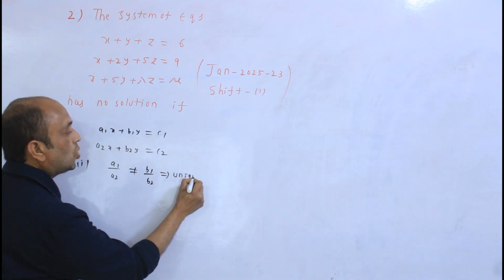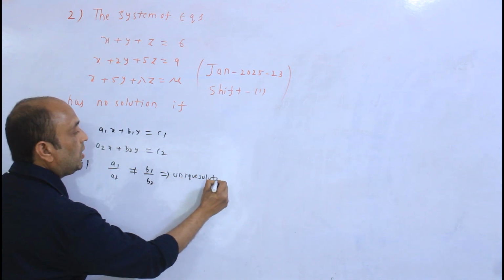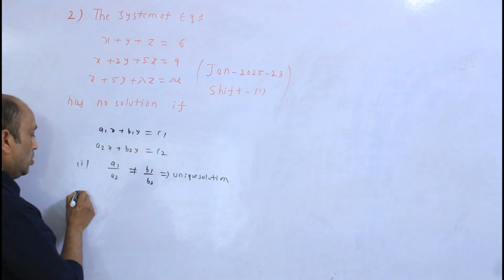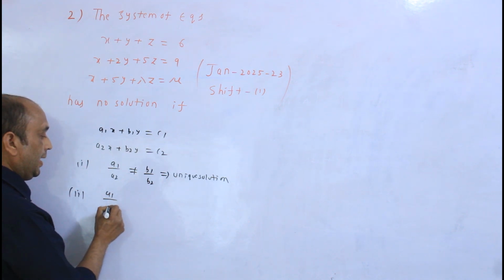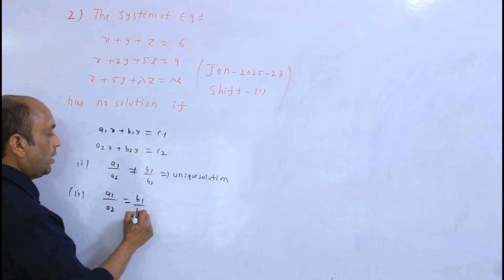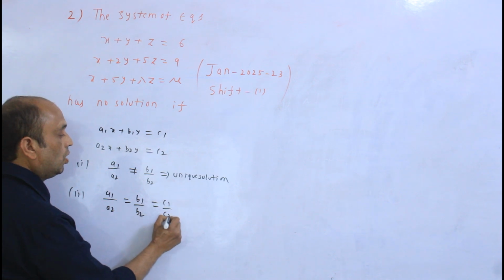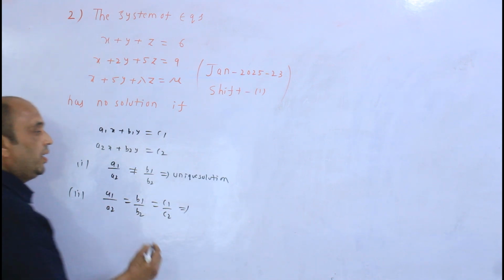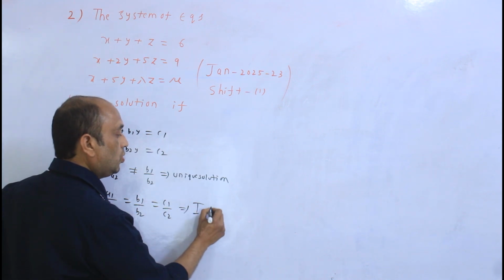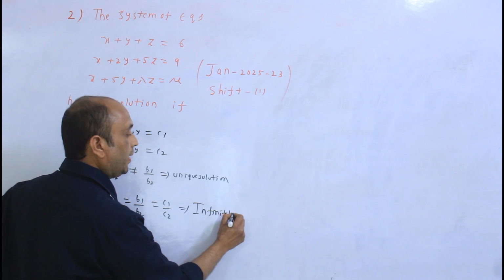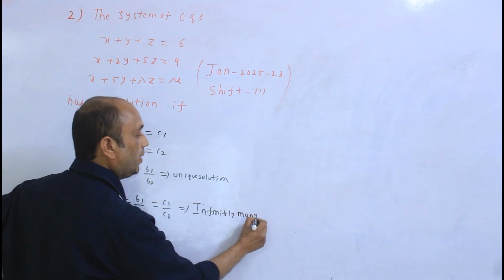Suppose a1 by a2 equal to b1 by b2 equal to c1 by c2, then infinitely many solutions.